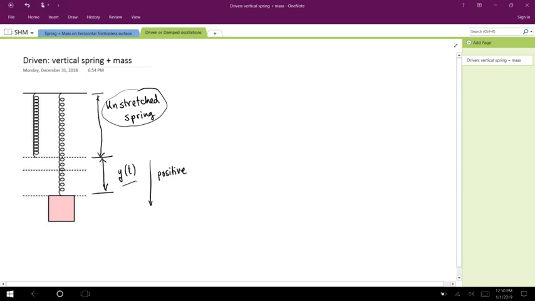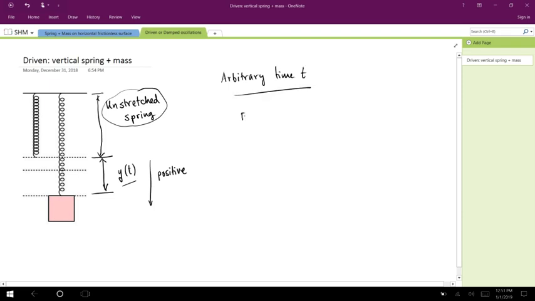So y of t, that is shown over here, represents both the position of the block at some time t, as well as the amount of stretching of the spring at that instant of time t.